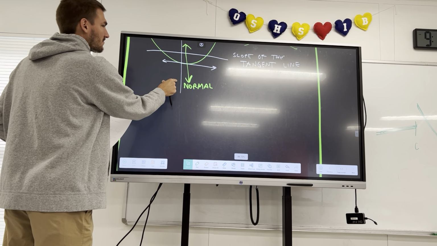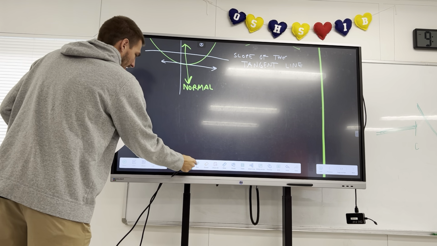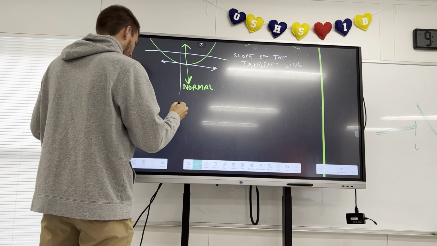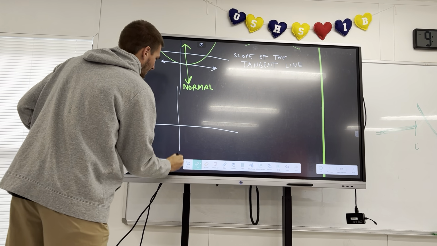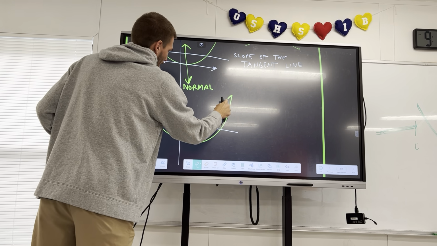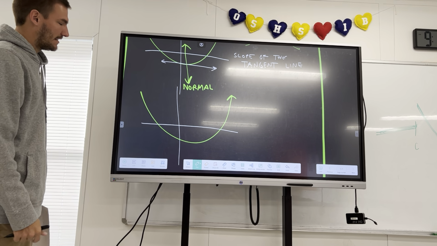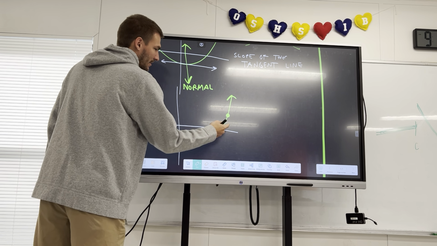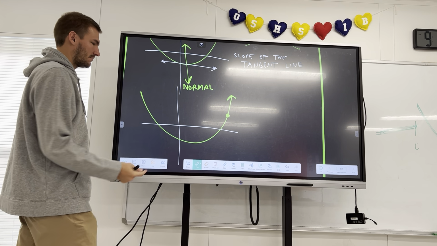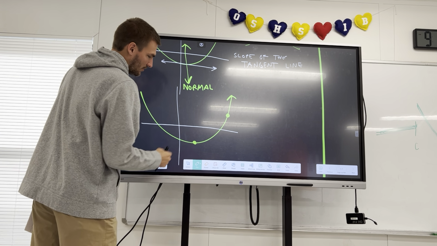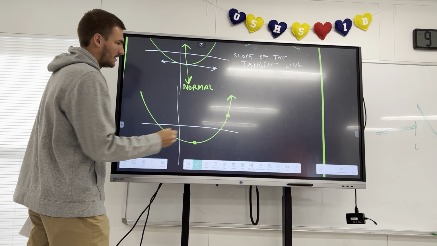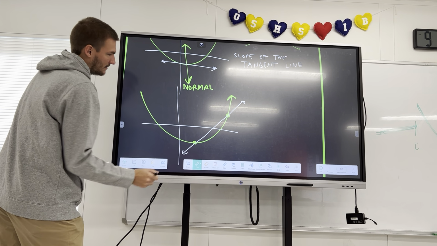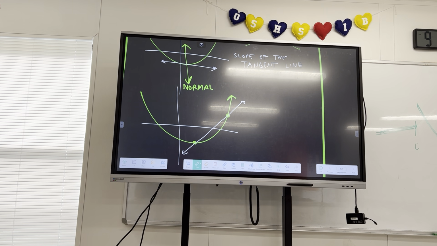So, if we want to figure out the slope at a particular point, let's say I want to find the slope, and so I want to use my slope formula, right? I'm going to choose these 2 points, and that's going to make a line that looks like that.